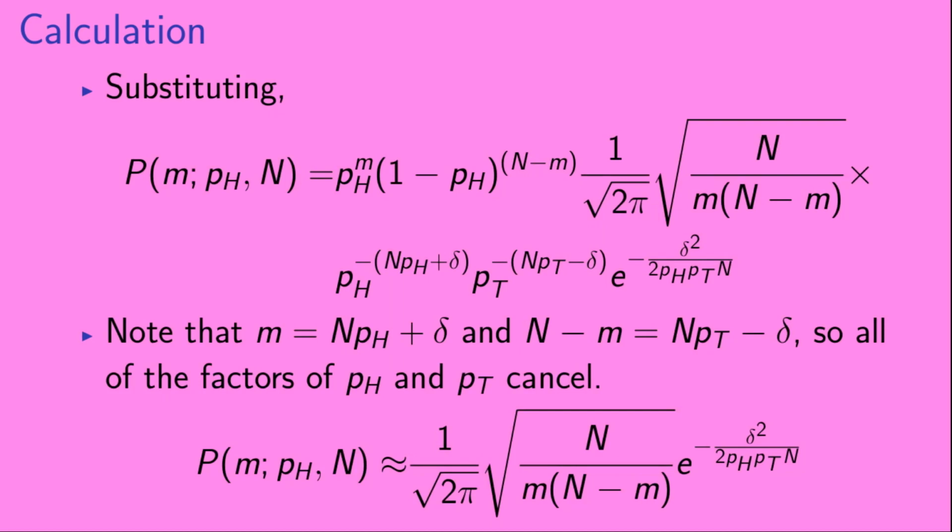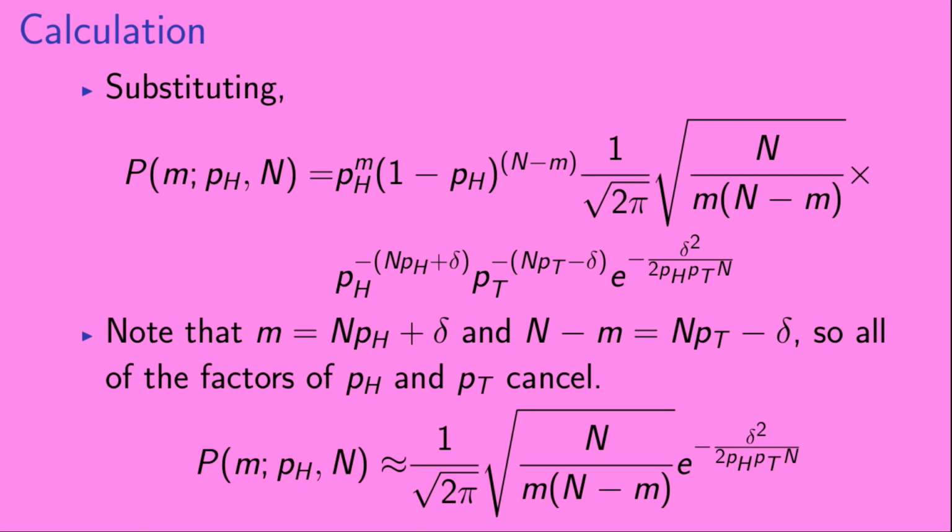Now remember, we had these factors of pH to the m and 1 minus pH to the n minus m. The expression that we've just substituted in contained factors of pH to the minus (n pH plus delta) and pT to the minus (n pT minus delta).